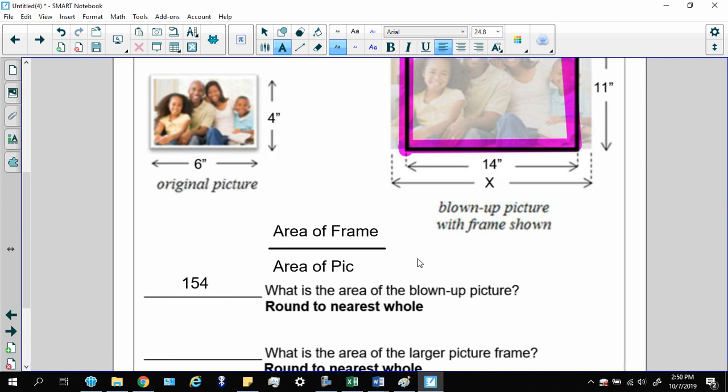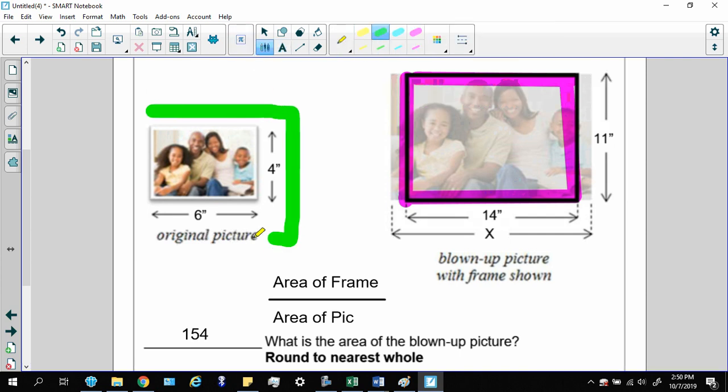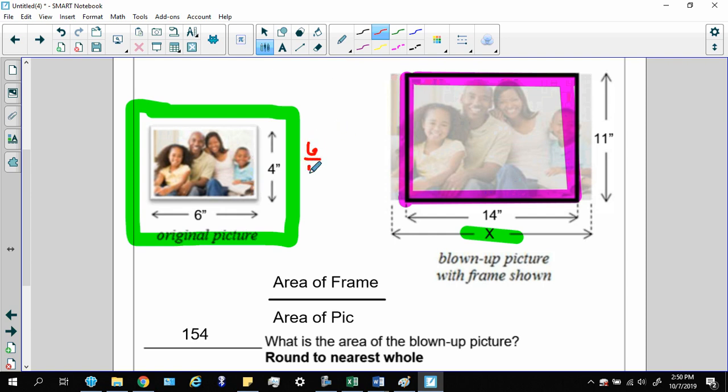Now I need to figure out what x is, and I'm going to use this to create a proportion. My proportion is always width over height, so 6 over 4 is equal to x over 11. That gives me x is 16.5. That is the new width of my picture.